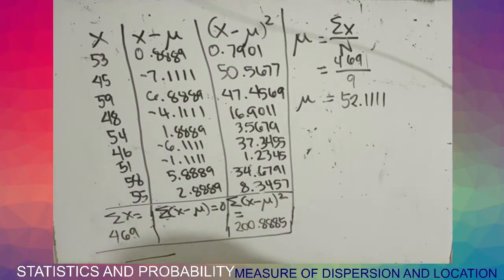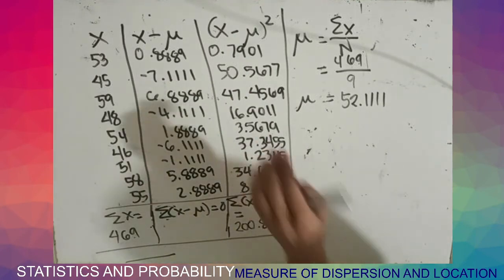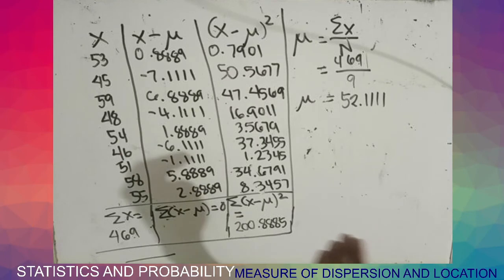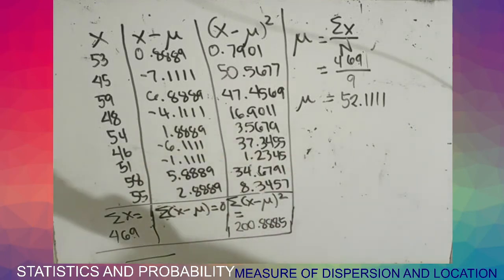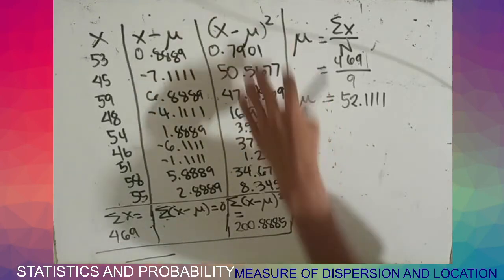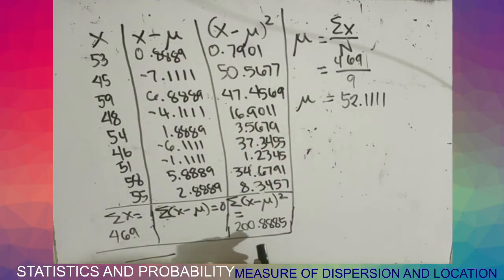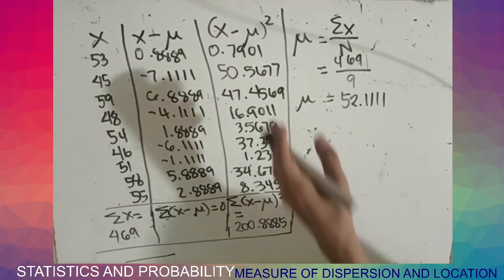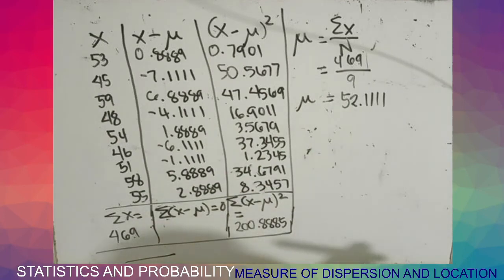Next is 47.4569. 16.9001. 3.5679. 37.3455. 1.2345. 34.6791 and 8.3457. Then, pinagsum natin, ang sagot ay 200.8885. Okay? So, kaparehas ba ng inyong sagot yan? So, 200 point, tatlong 8, isang 5.